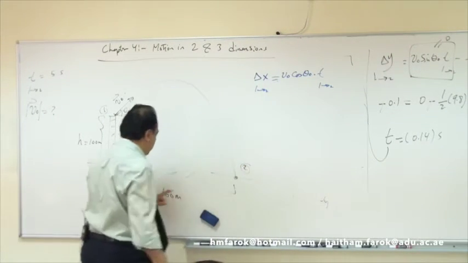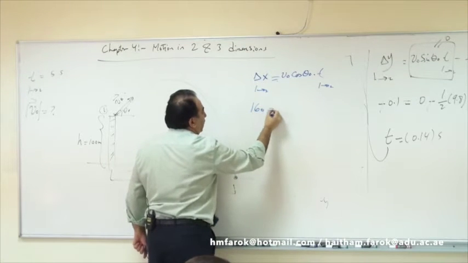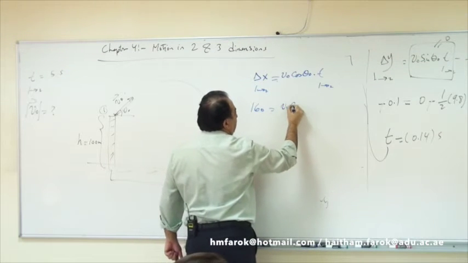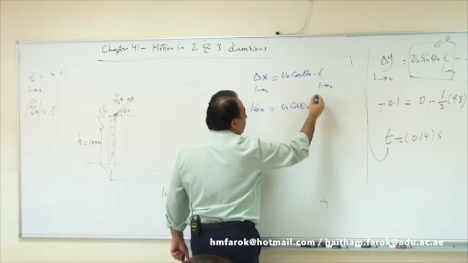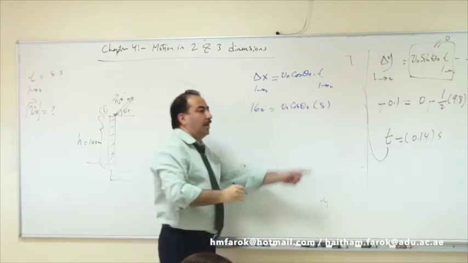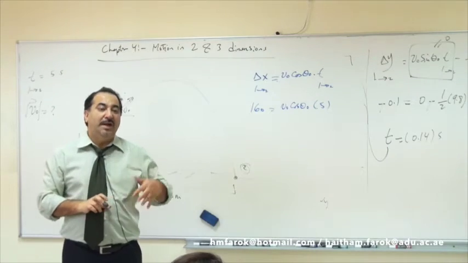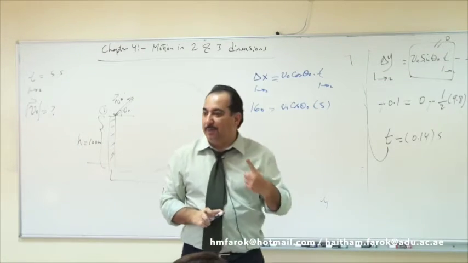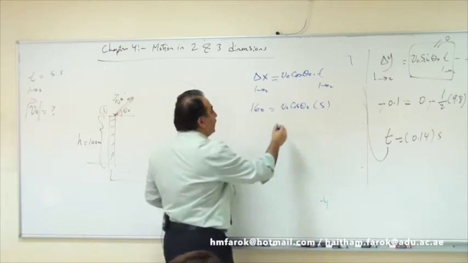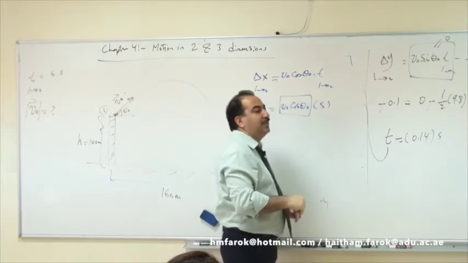Delta x, 160. V naught unknown. Cosine theta unknown. But the time is 5. In this equation, how many unknowns? 2. Oh, okay. Actually, you can make those 2 1 unknown.